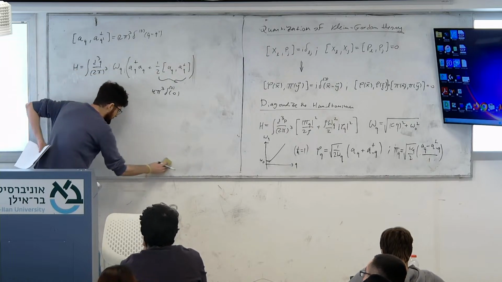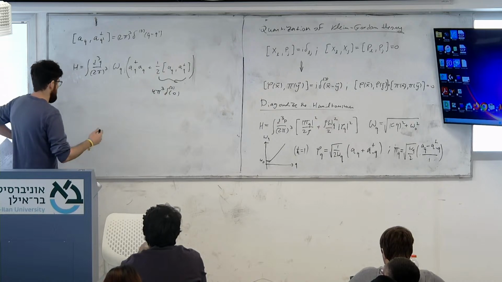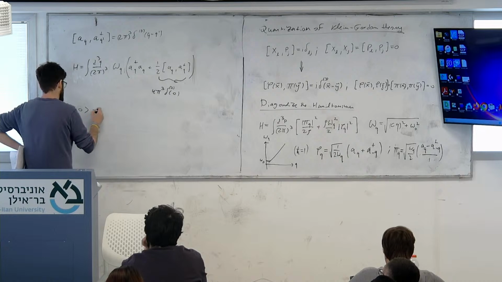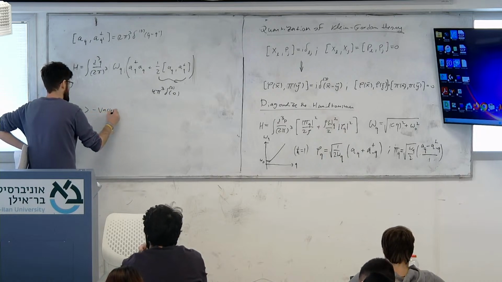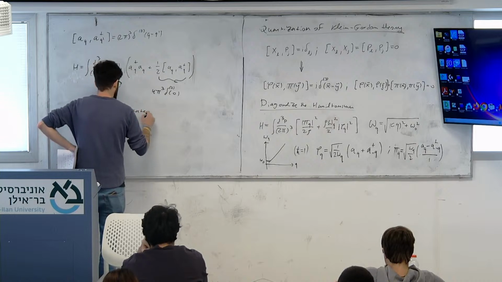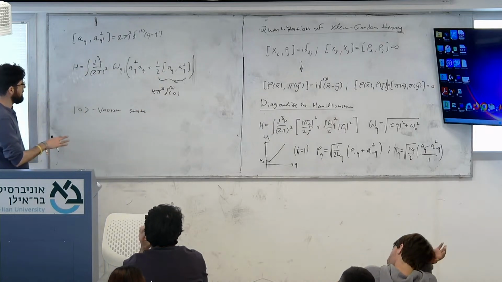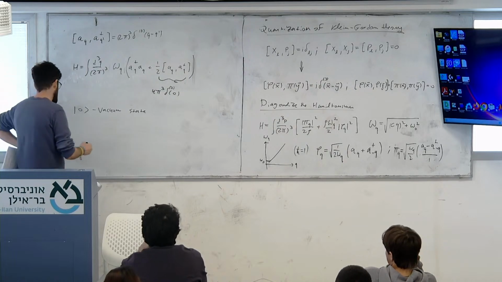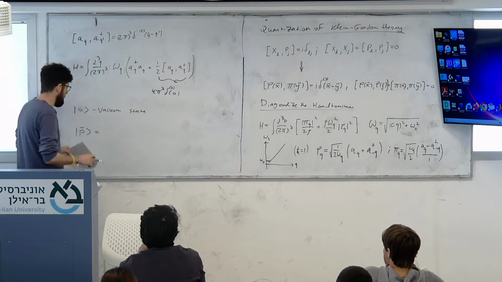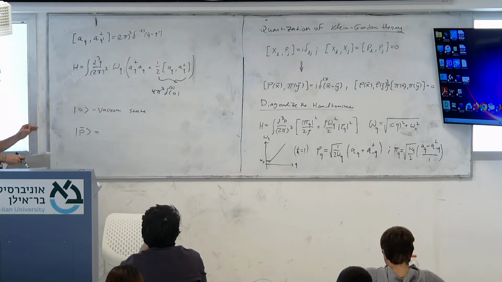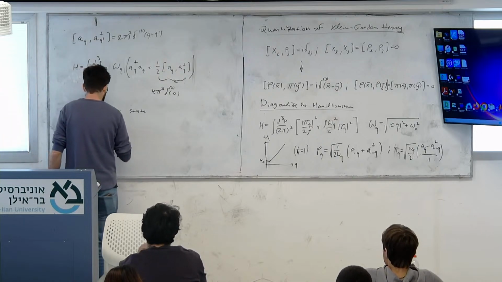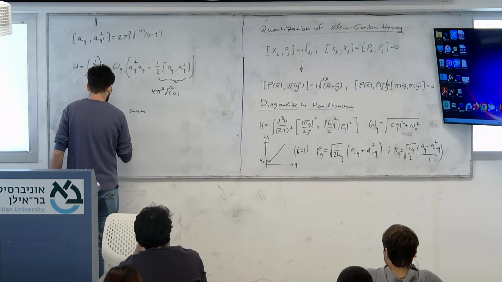So the first thing I want to comment is, states that we might want to consider often. One state is the vacuum state. This is the state that, if you act with A on it, it vanishes. And then we have P, the state where we created one excitation with momentum P. And naively, we would want that to be A dagger P acting on 0.